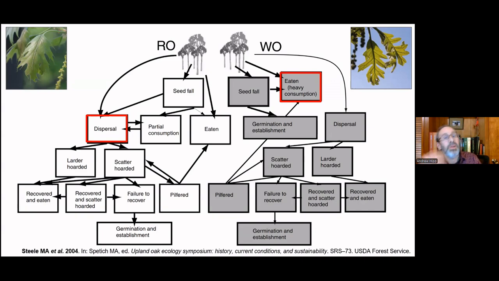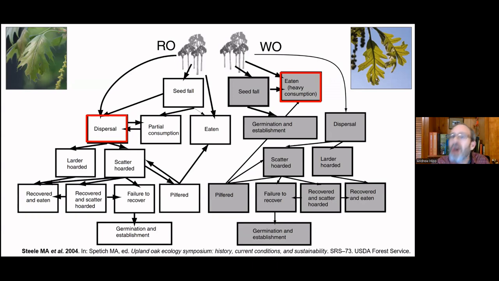If you're looking at bur oak in the northern part of its range, it will tend to go through winter dormancy without germinating, whereas bur oak in the southern part of its range will tend to germinate in the same fall when those seeds are dropped. Because the white oaks, when they germinate, pull nutrients out of the cotyledons, they become a poor food resource for the squirrels.